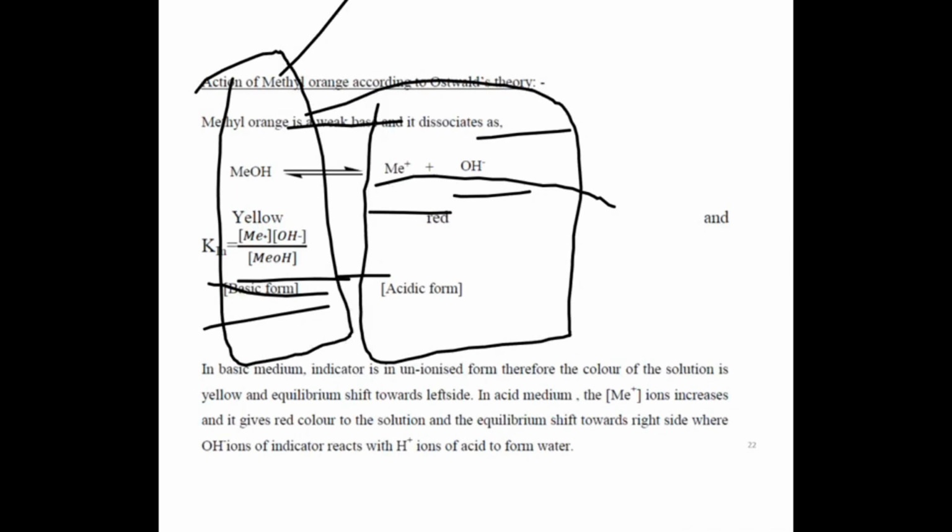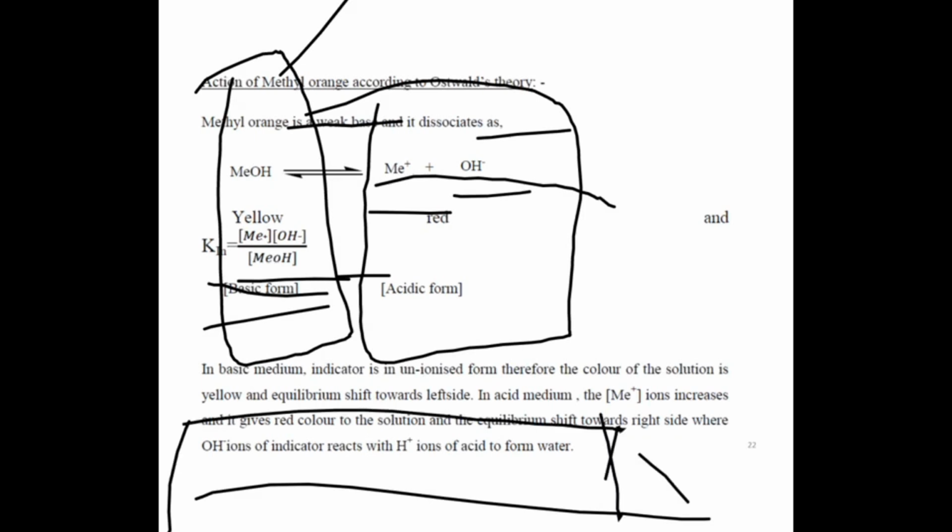In basic media, the indicator is in the unionized form, therefore the color is yellow. Whereas in acidic media, the ions increase and it gives a red color to the solution. The OH ions of the indicator react with H plus ions to form water, so everything gets neutralized, forming water.